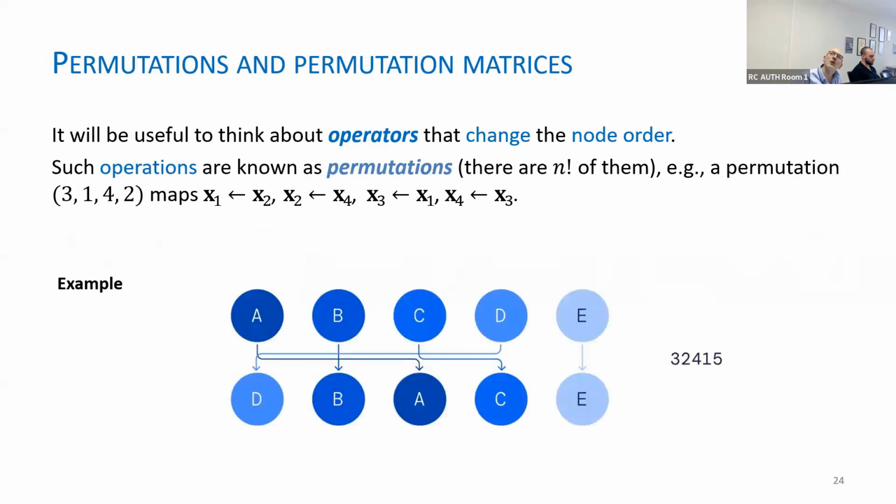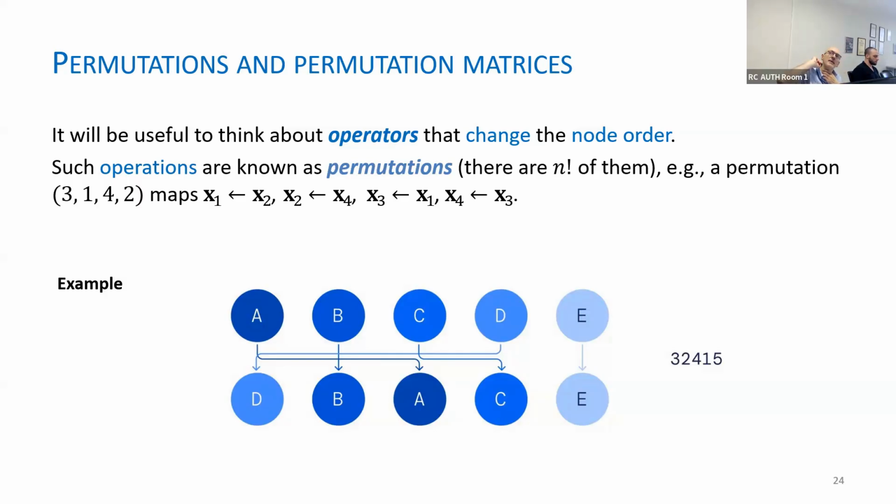So another way to represent this is using permutations and permutation matrices. We can think of an operator that is capable of changing the order of the nodes.